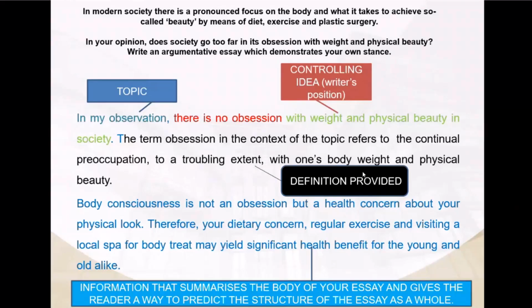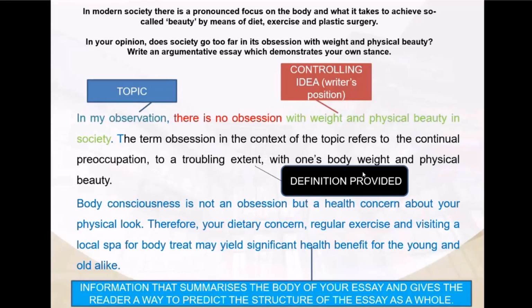By the way, the topic is right there at the top. It says, in modern society, there's a pronounced focus. Are we living in modern society? I think so. There's a pronounced focus on the body. I think I agree. In today's social media platforms, body is such a big thing.